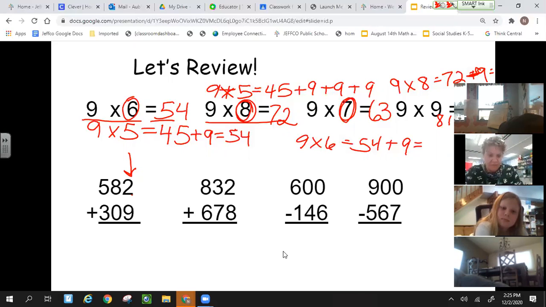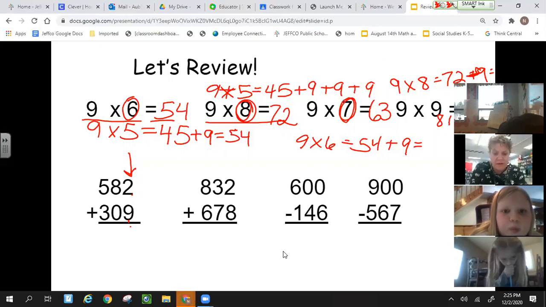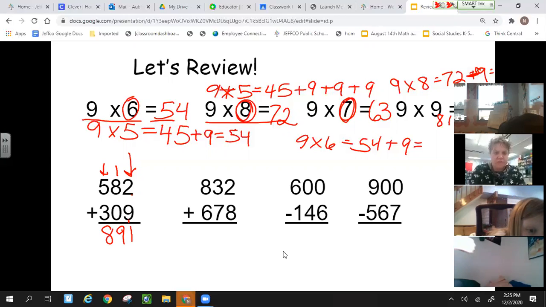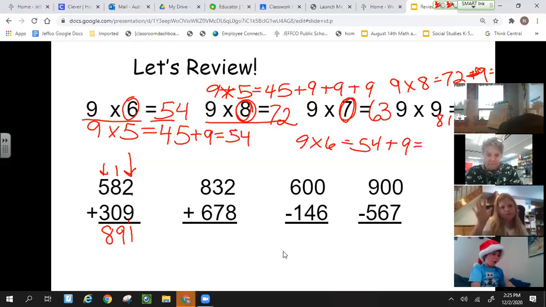Okay, what about the 2 plus 9? Let's start there. Down there, then put a 1 above the 8. 8 plus 1 equals 9. 5 plus 3 equals 8. Nice. Okay, 832 plus 678.